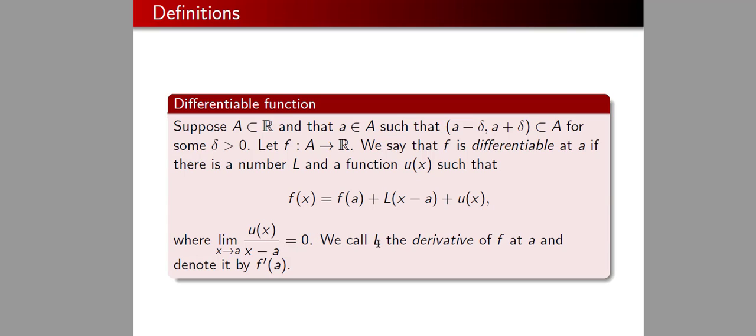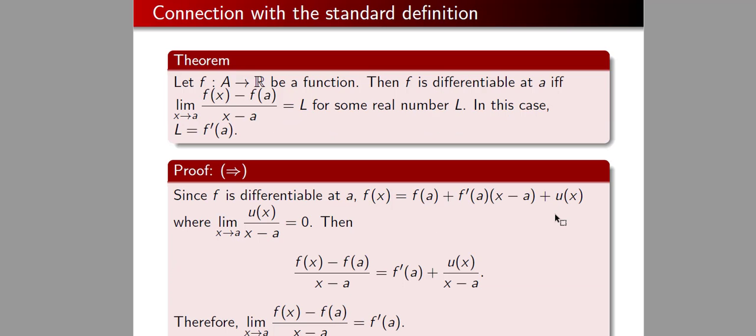We say that L is the derivative of f at the point a, and we will denote it by f prime of a. All right. Likely as not, you've never seen this definition before. So let's connect it with the definition that you did see in Calc 1.